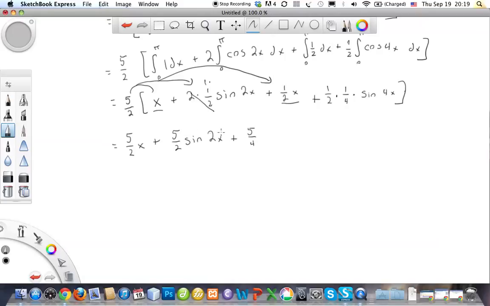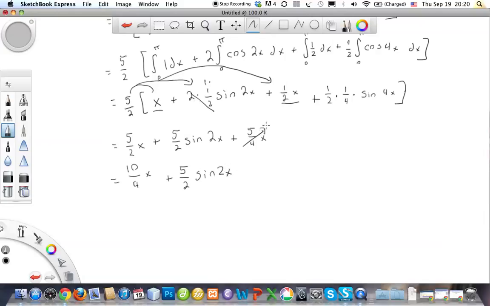So 5/2 plus a 5/4 is going to give me, it's going to give me a 10, yeah, 10/4 x, plus 5/2 the sine of 2x.